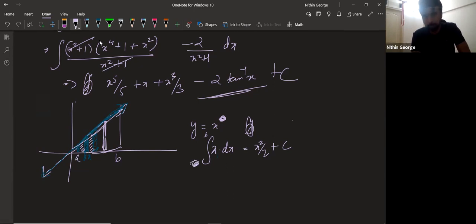Now, without this, you'll get a plus c. So this function here, at any point from a to b, can help represent the area, right?